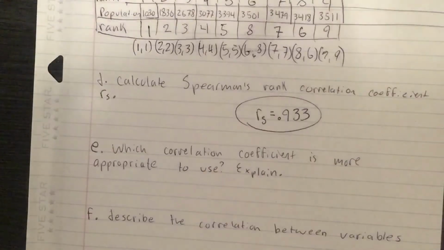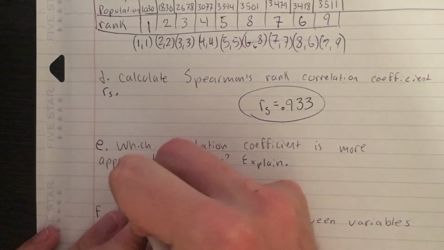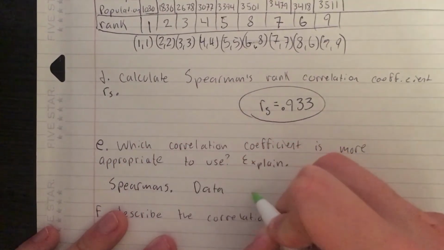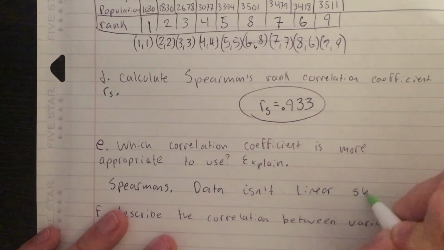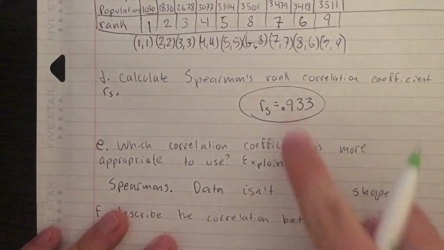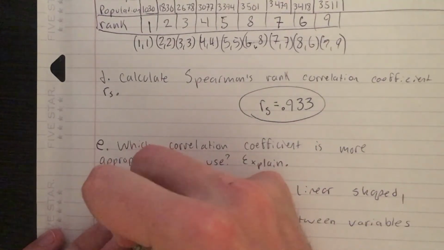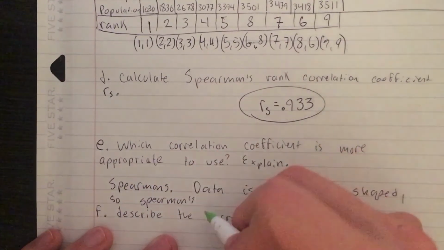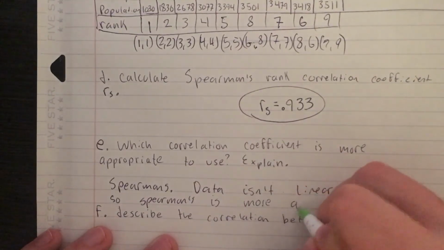So both of those things tell us that we want to use Spearman's here. Data isn't linear shaped, and so we want to roll with using Spearman's. So Spearman's is more appropriate here.